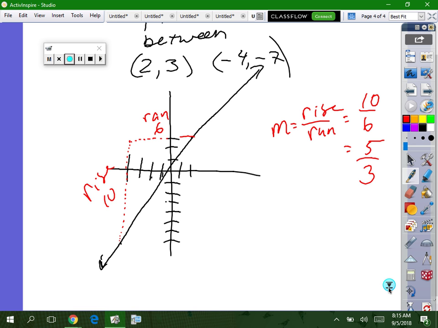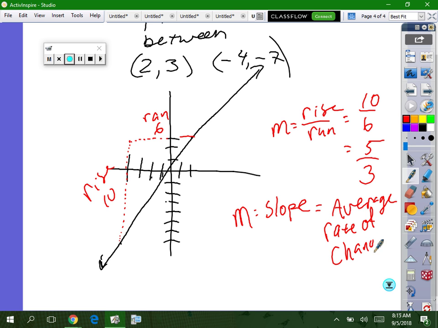Another word for slope is called average rate of change. Another name for slope is average rate of change, because in our story problems, sometimes they ask you for an average rate of change.